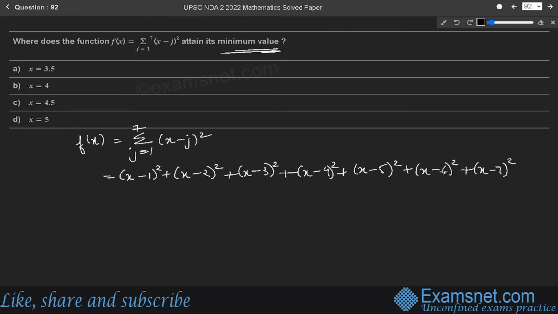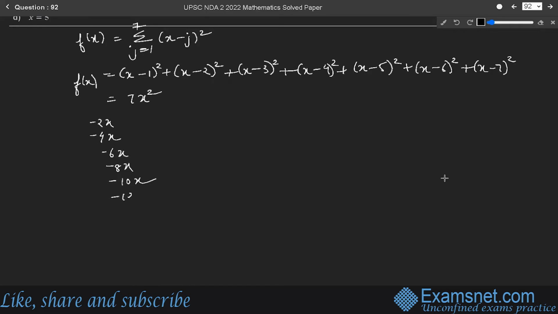Since there are 7 terms, there will be 7x square and the remaining terms will be the cross terms, which is minus 2x, minus 4x, then minus 6x from the third term, minus 8x from the fourth term, minus 10x, similarly minus 12x and minus 14x.